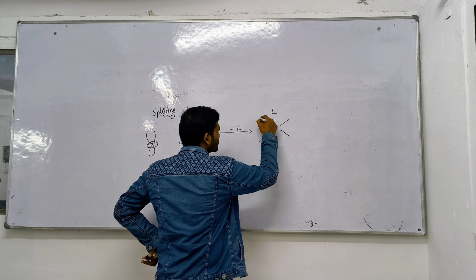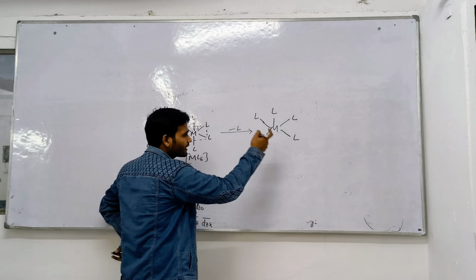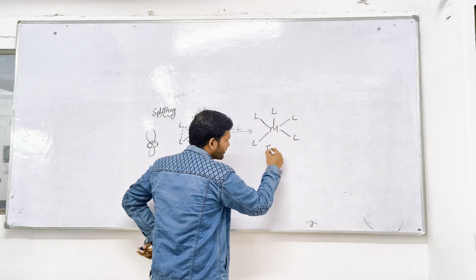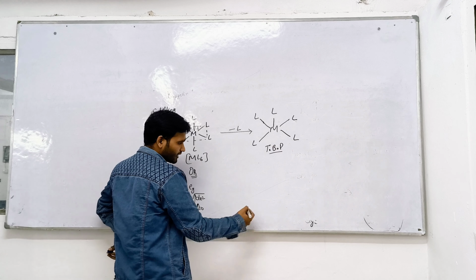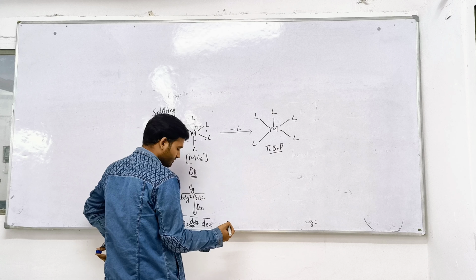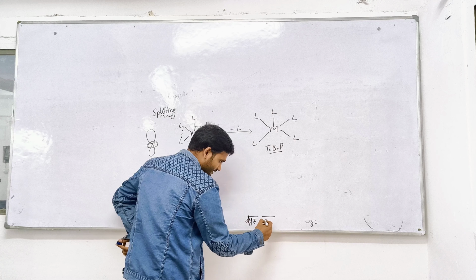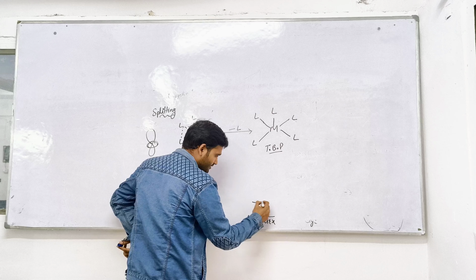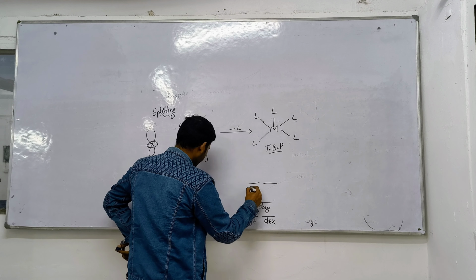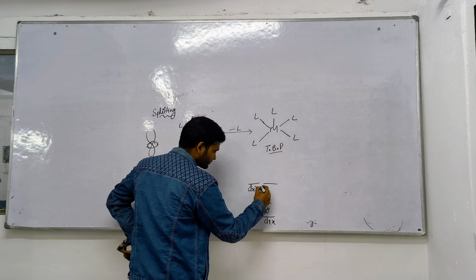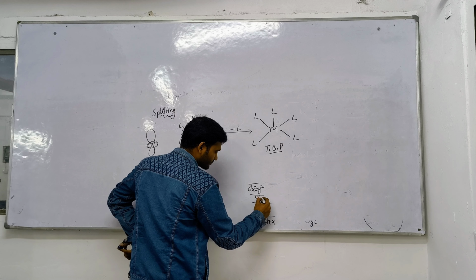Suppose I remove this one ligand, either one you can use. This will be trigonal bipyramidal, TBP. The TBP geometry. What is happening to the energy diagram? Here will be dyz, dzx, dxy, and then dx square minus y square and dz square.